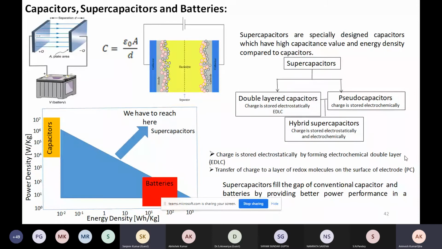Another is the electrochemical measurements. For these you have the electrochemical workstation, where you can do CV, EIS, GCD, all sorts of measurements.